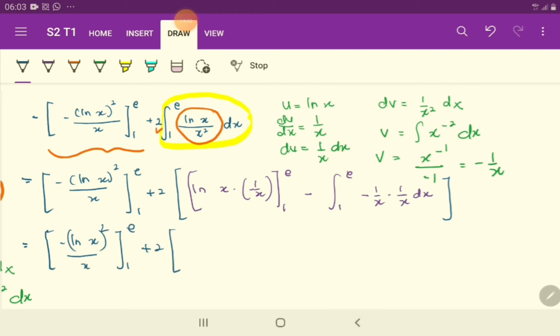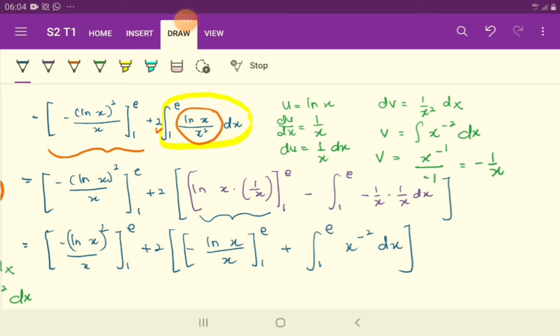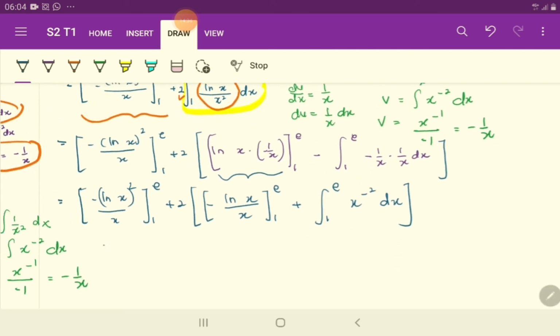Now we can simplify this part. The limit is from 1 until e, and then this becomes plus 1 over x squared. Now we can substitute the limit and integrate this part. Or maybe we can expand first with 2 and then integrate. Up to you.